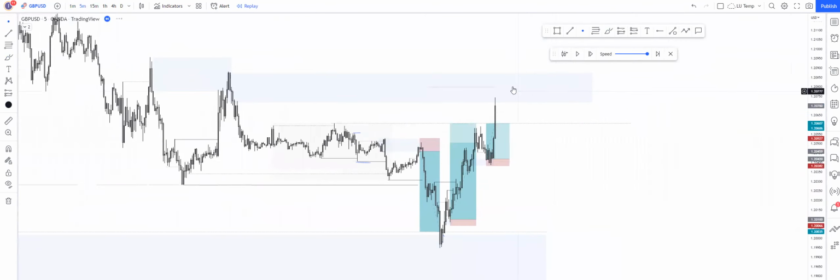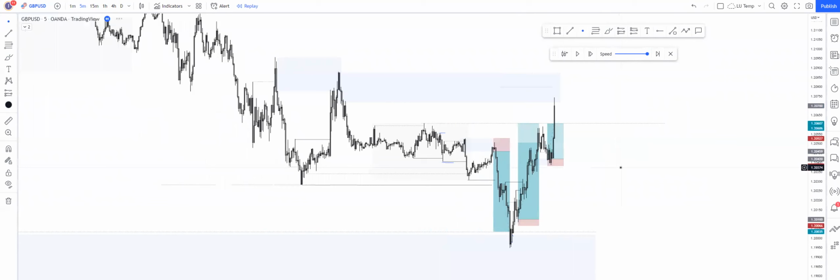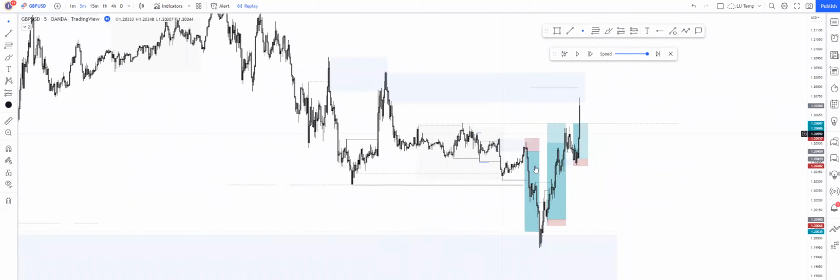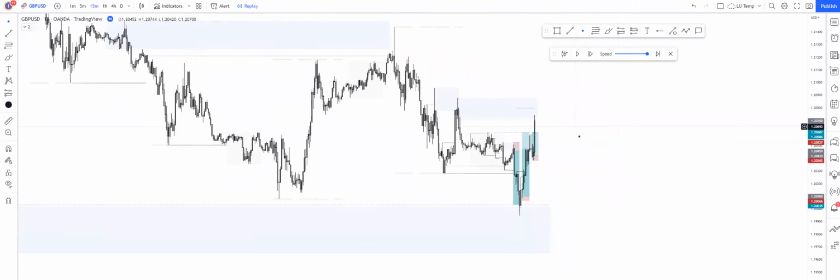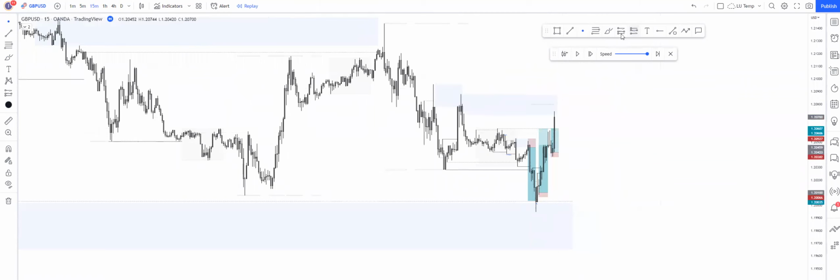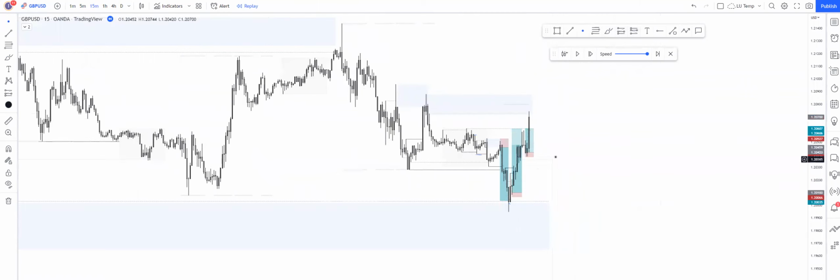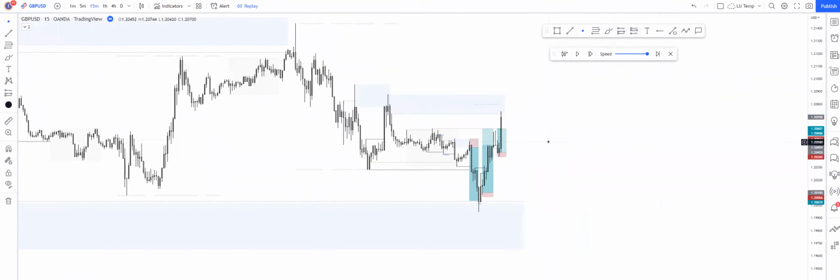So now we are in the higher time frame POI. All right, so now we're here. So we're going to get some type of reaction. The reaction can be short or long, but for sure some type of reaction.